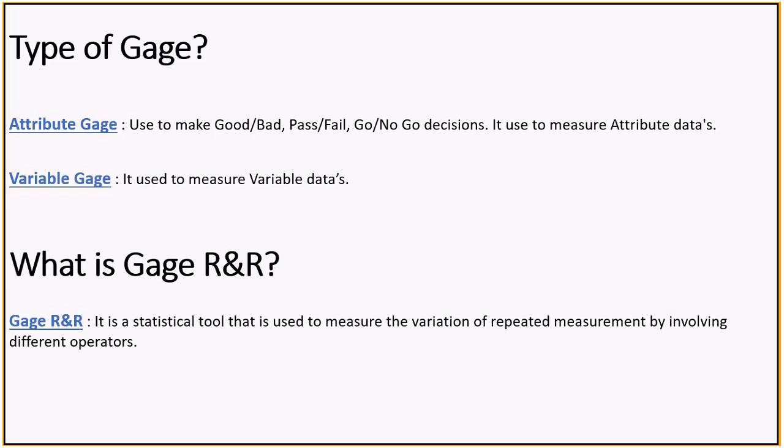Maybe today I am measuring part number 1 now, and when I measure it next time, maybe after 30 minutes, 40 minutes, 50 minutes, 1 hour, but I will measure at least two times. Because if you do not measure two times, how will you know the repeatability issues, right? So that's why we have to measure the variation of repeated measurements by different operators.